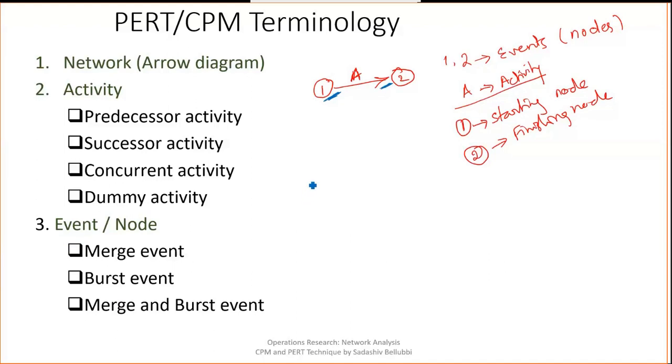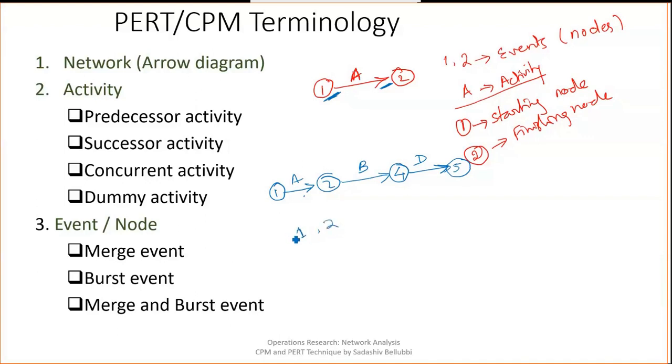If you draw one more network, for activity A, 1 is the starting node and 2 is the finishing node.